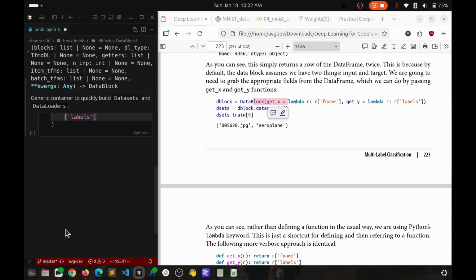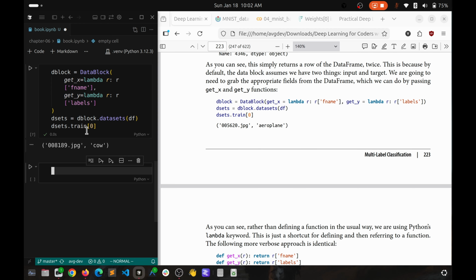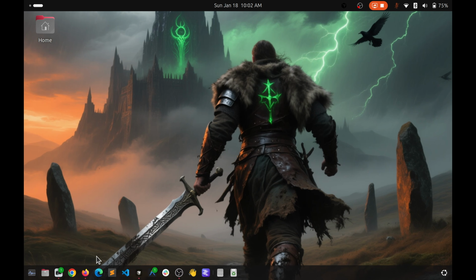And then we want to create a dataset off of this data block. dsets is dblock.datasets using the data frame data. Then let's access the first element in the training data. Okay, so we got cow. I think that's random. Okay, yeah, it is random.